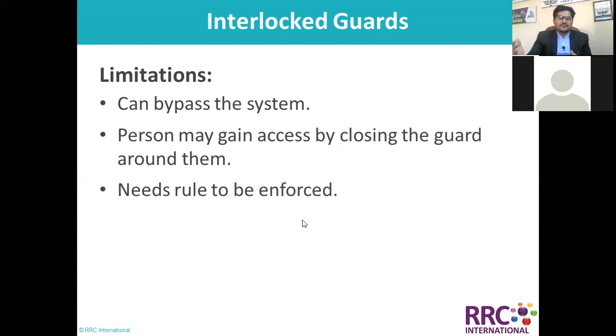While if there is any fault, the machine should stop, but since they don't want to lose production, they can ignore safety features. So they will give some shortcuts or bypassing strategies even to the operators. I'm sharing personal examples, practical scenarios, what I noted in several companies even. Now needs rules to be enforced.